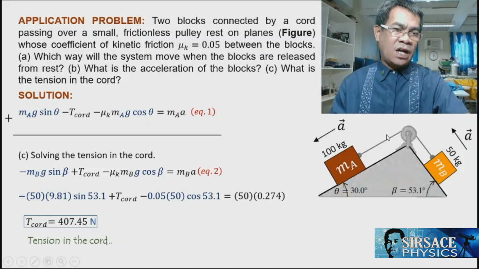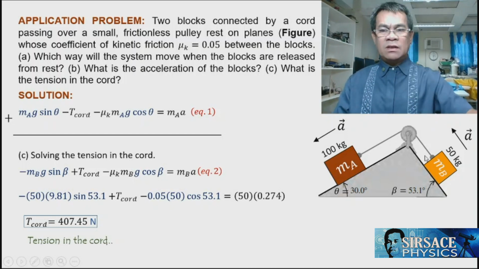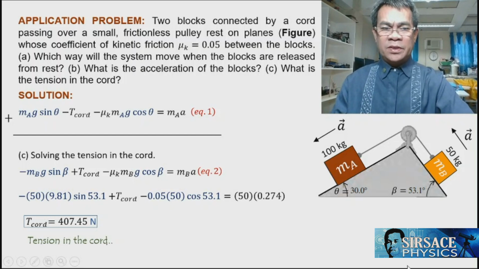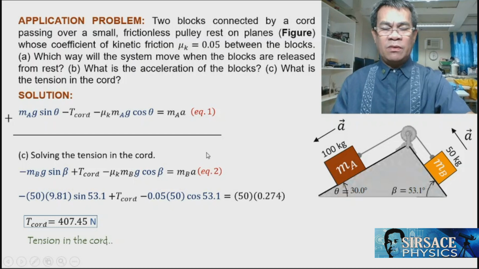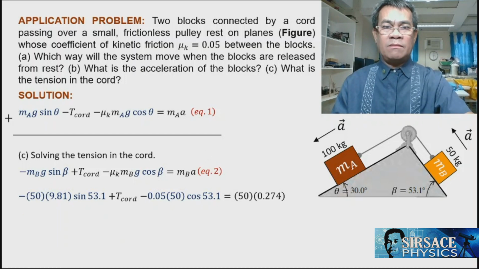So this is the action and this should be the reaction. The amount of the force exerted by the string is 407.45 newtons. So these are the solutions to the double inclined system particle.